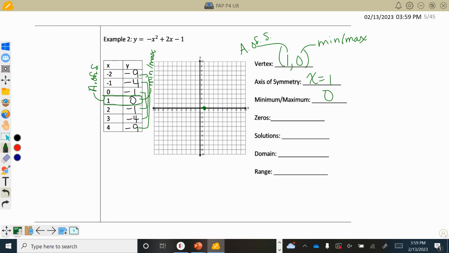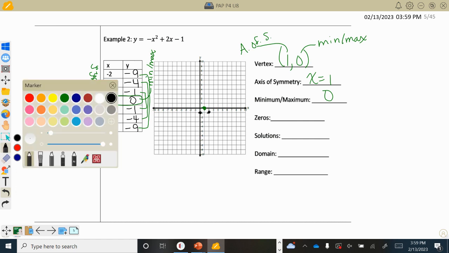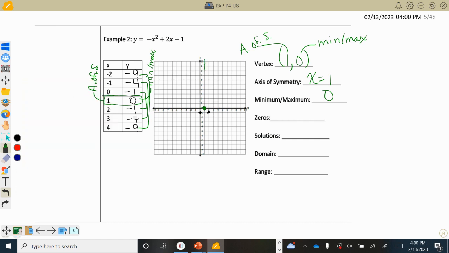All right. When we graph the rest of these points, 0 is at negative 1 and 2 is at negative 1. I forgot my axis of symmetry. Here is my axis of symmetry for x equals 1. All right.